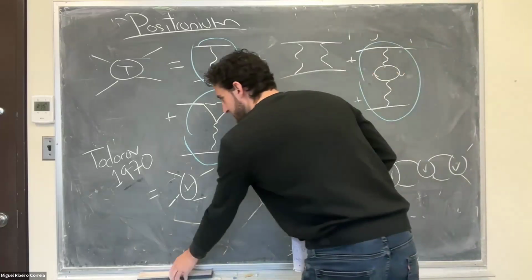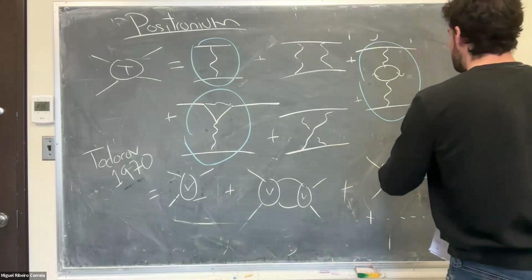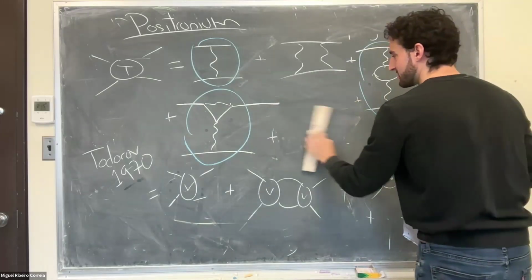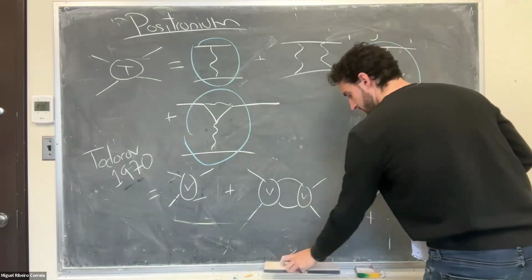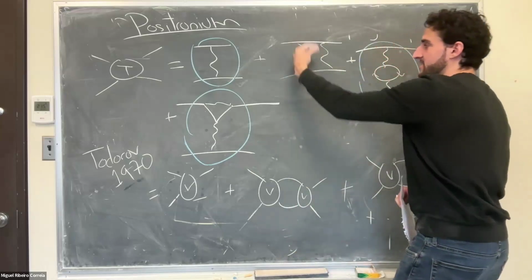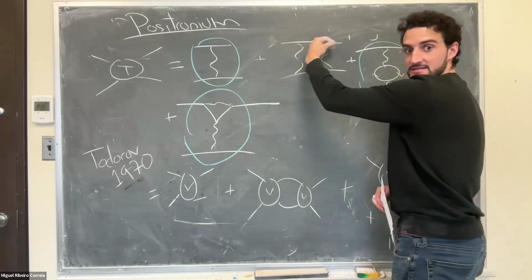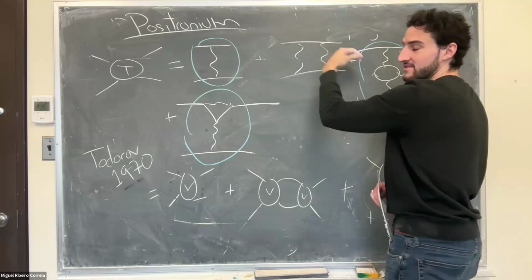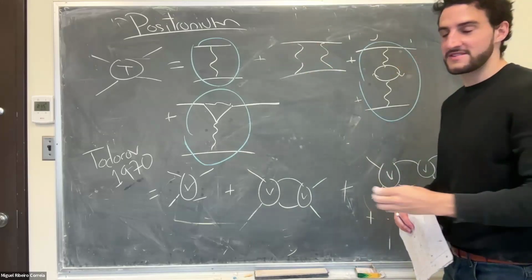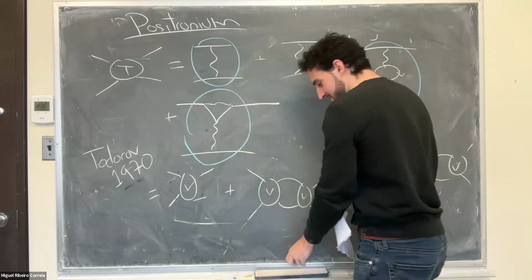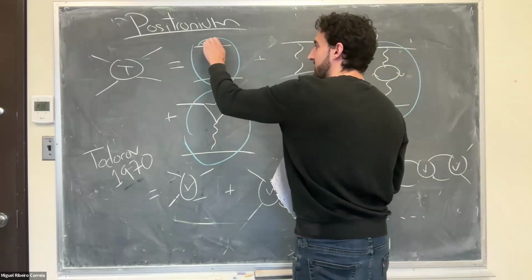It's not just this one. So for positronium, there's another diagram. Let me erase this one. Because for the proton and the electron, these lines are different. These lines are completely different. One is the electron, the other is the proton. But for positronium, these are electron and positron. So they are the same lines, except they go with different arrows.